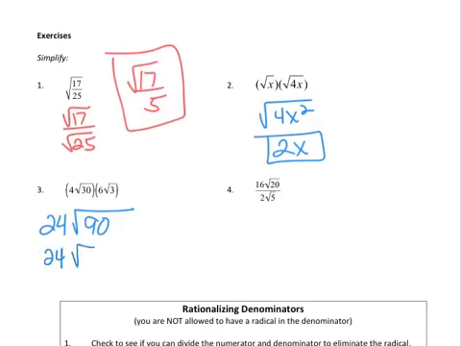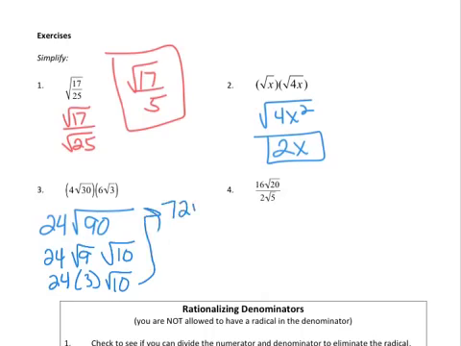And then I separate this out into the largest perfect square. Well, the largest one that goes into 90 is 9. And then the leftover radicand is 10. So I have 24. I take the square root of 9, which is 3, and I'm left with the radical 10. So this gives me 72 radical 10 when I'm done.